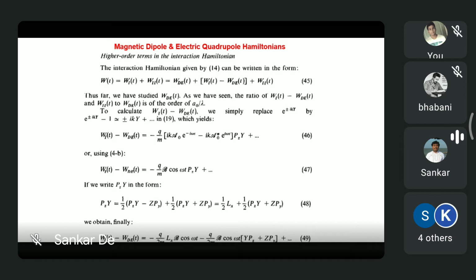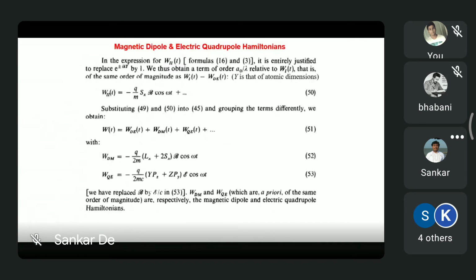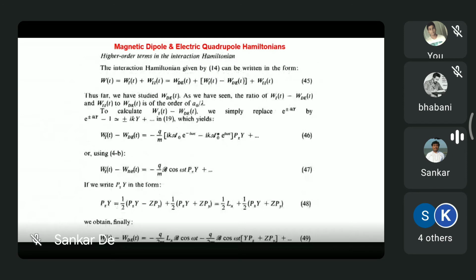Right? This is also clear. Yes. Now, this actually is a magnetic field term, but it is not related to the spin; it is related to the orbital angular momentum.